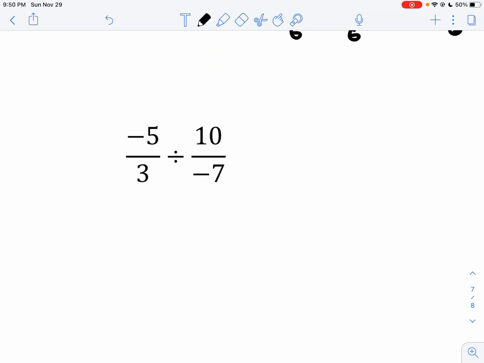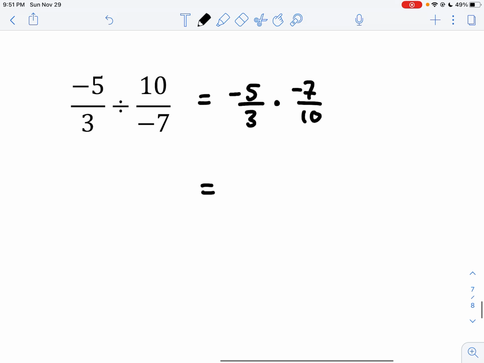And now we're going to do negative 5/3 divided by 10 over negative 7. I'm just going to leave the negatives where they are currently, but I will use the invert and multiply instead of divide by a fraction. So we have negative 5 over 3 times negative 7 over 10. So we just invert this fraction and multiply instead. And now I just multiply the numerators. 5 copies of negative 7 will give you a positive result, 35 in fact.